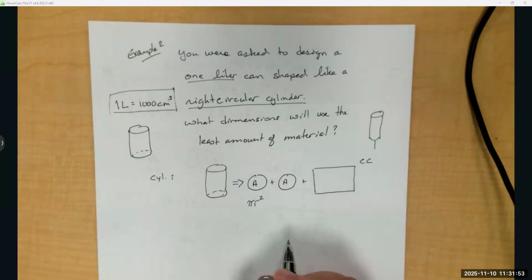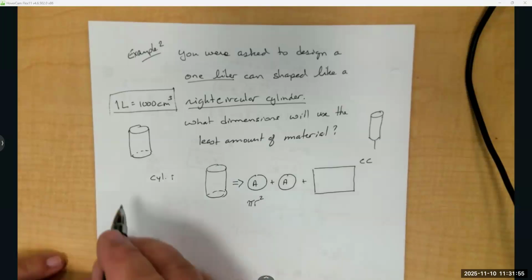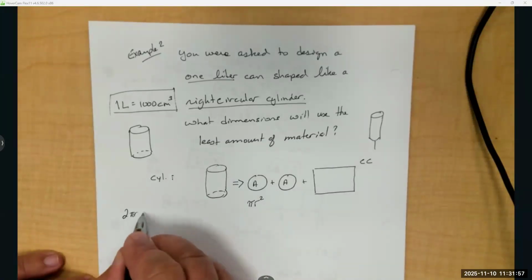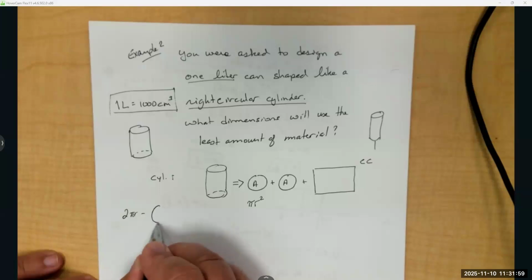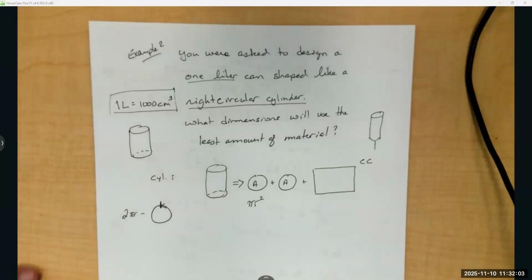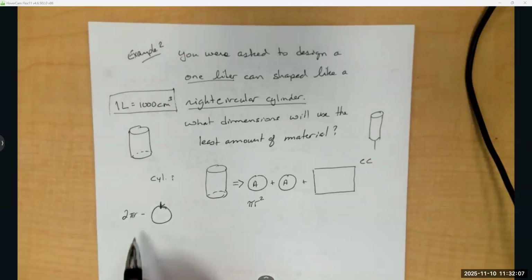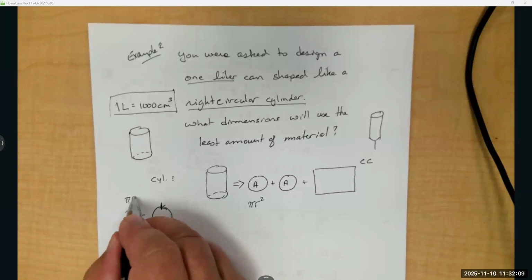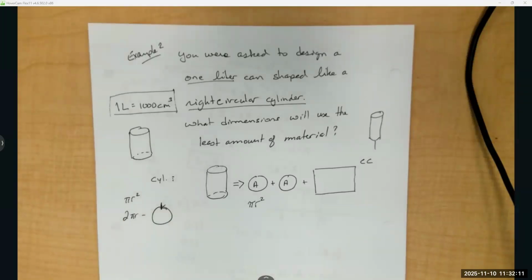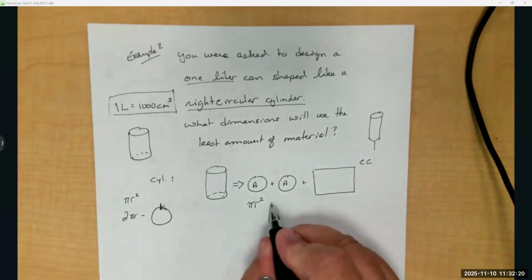And you think about it, 2 pi r is the distance around a circle. That's circumference. Where did 2 pi r come from? It's the derivative of the area. Again, just a side note, free of charge. So we have 2 of those.